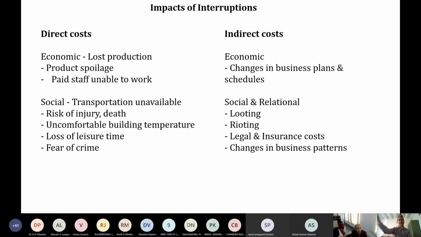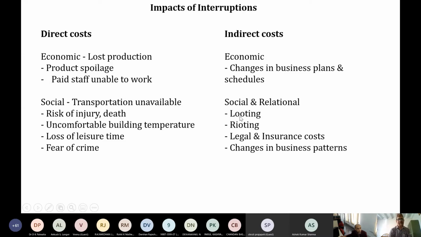If a popular serial or a popular sporting activity was going on and there is an abrupt unavailability of supply, then it can cause looting or rioting also in some cases. If there is a prolonged electricity outage, it can cause those things also.